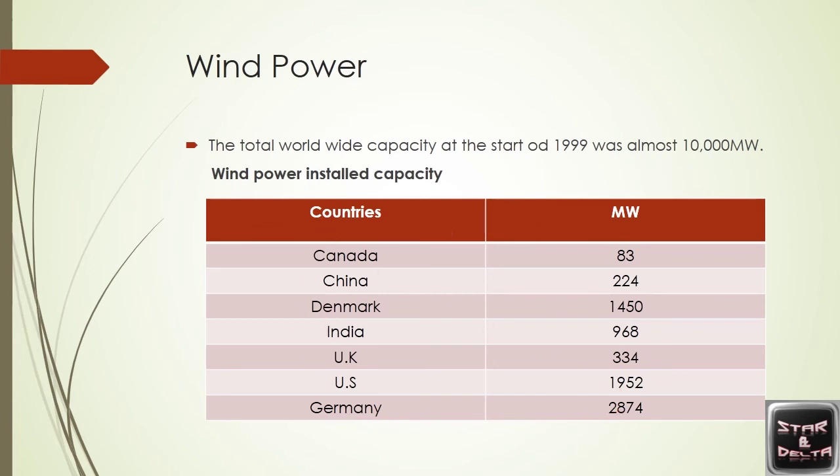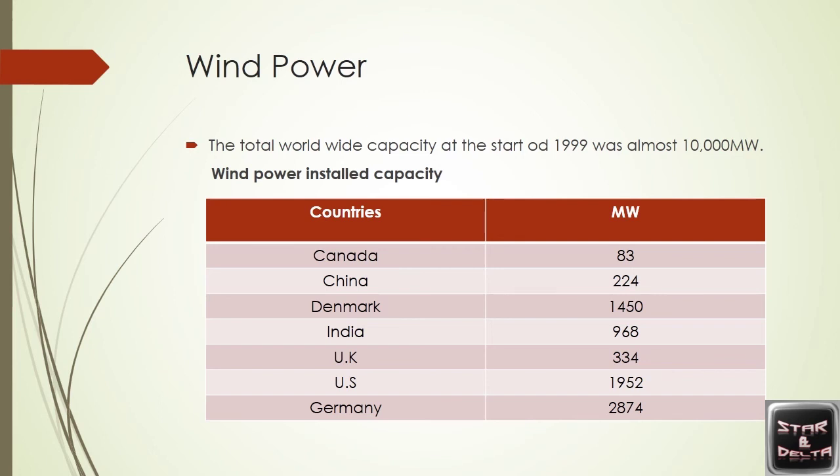The total worldwide capacity at the start of 1999 was almost 10,000 megawatt of installed wind power capacity, according to the trade magazine Wind Power Monthly in 1999. These are the countries with over 50 megawatt of installed capacity at that time.